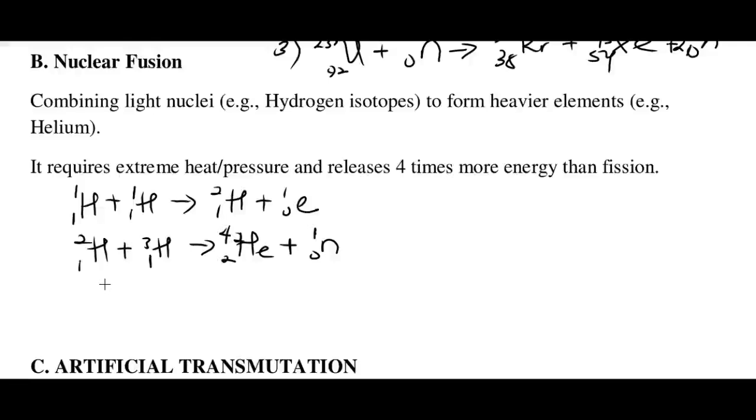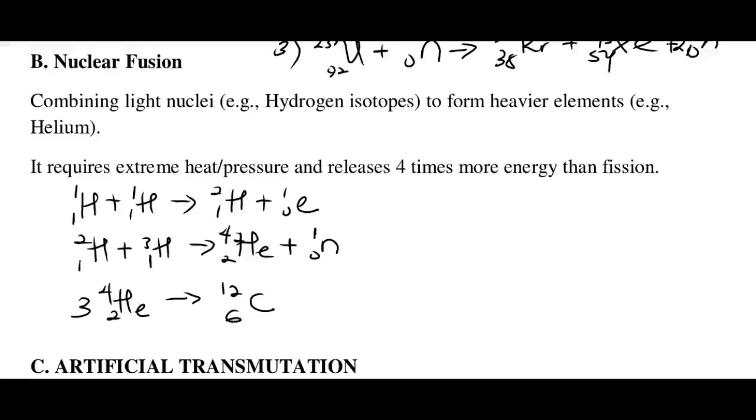Then another example of fusion is what we call the triple alpha process, helium fusion. Helium fusion to form carbon-12 is also known as triple alpha process.